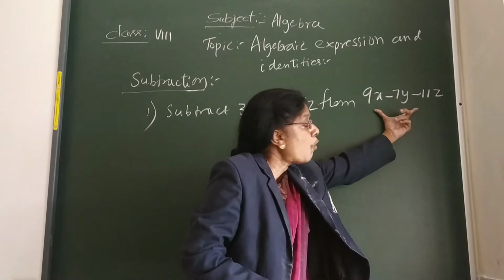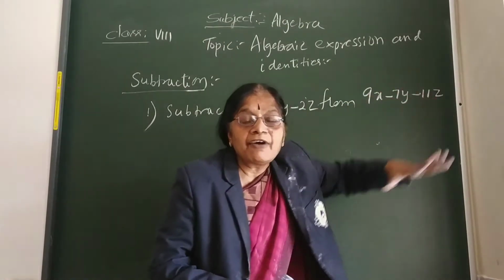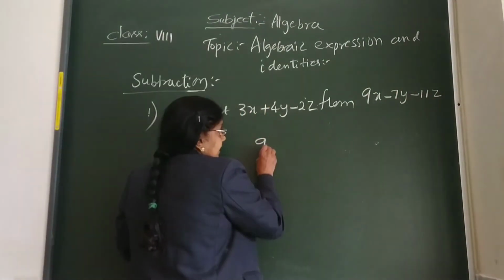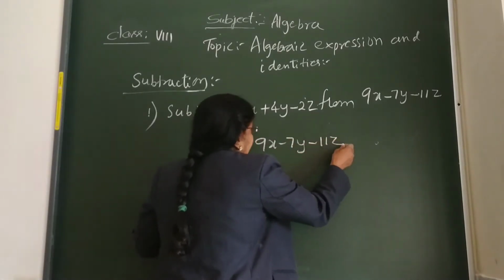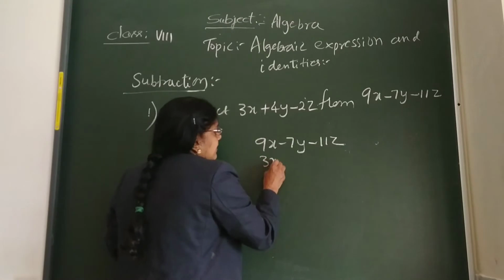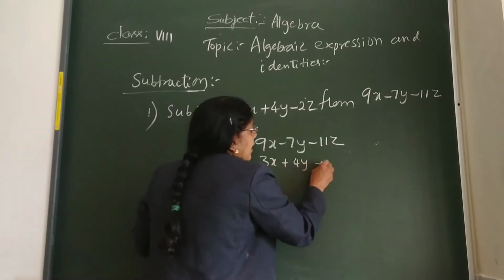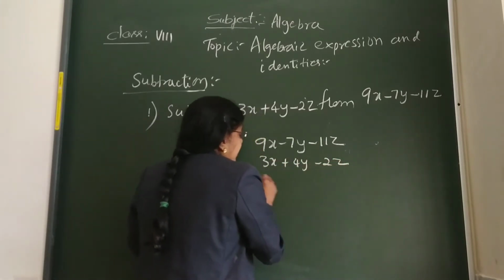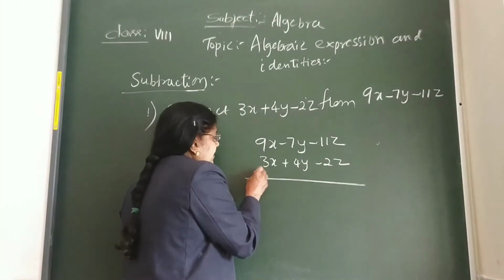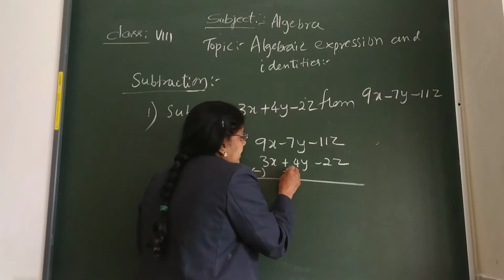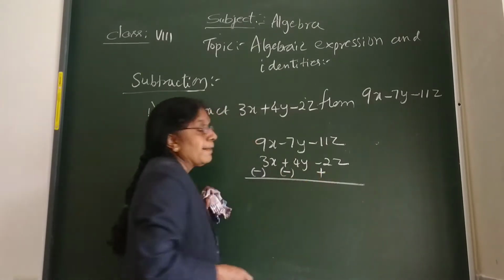First we take whatever trinomial is there after "from": 9x minus 7y minus 11z. Below that, 3x plus 4y minus 2z. Next, change the sign of the second trinomial. Plus is there, this will become minus. This will also become minus, and this will become plus.